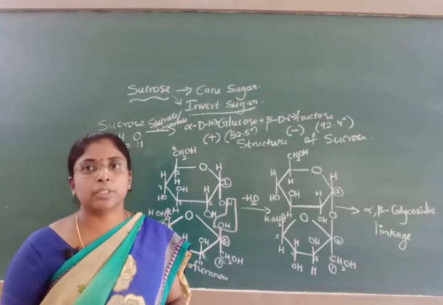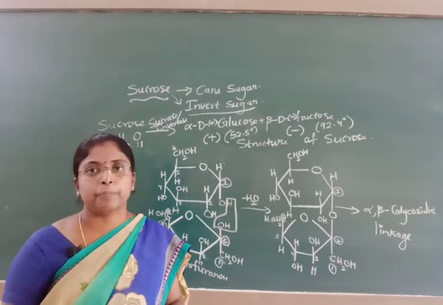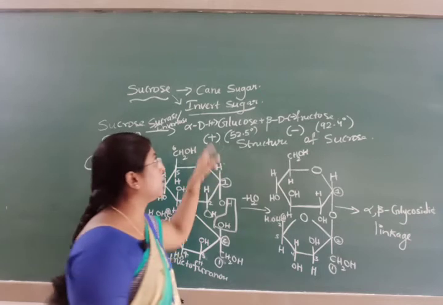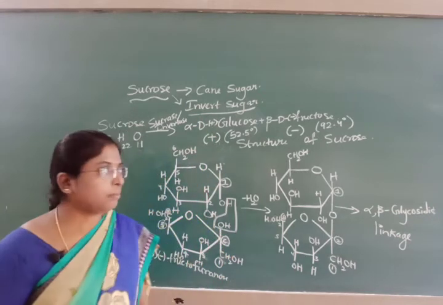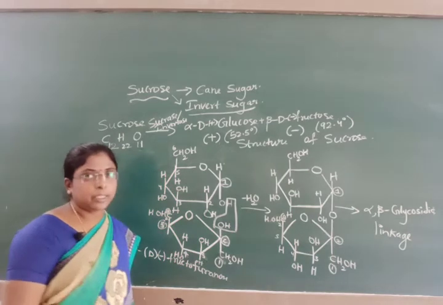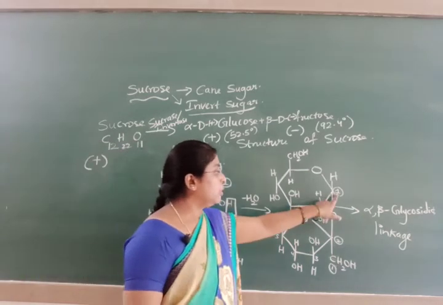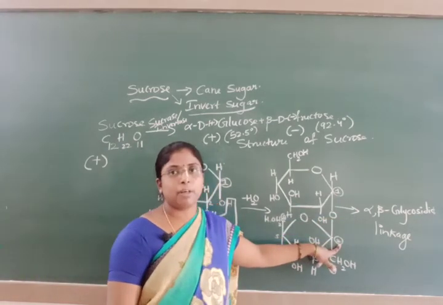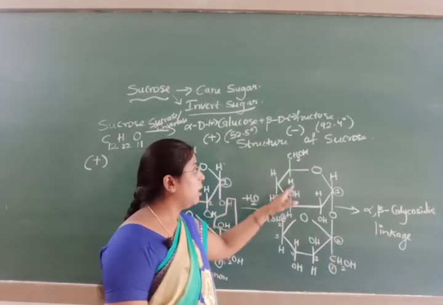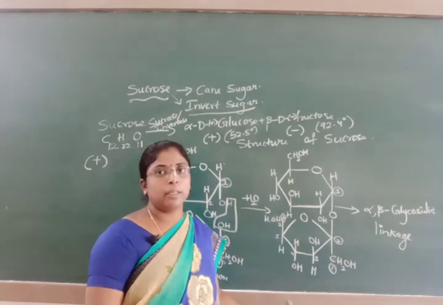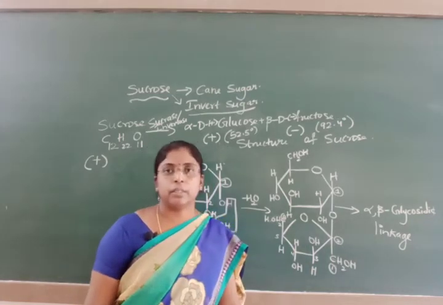An inversion, a reverse, takes place. Hence we call sucrose an invert sugar. The glycosidic linkage takes place between C1 and C2, an alpha-beta glycosidic linkage between alpha D plus glucose and beta D minus fructose.